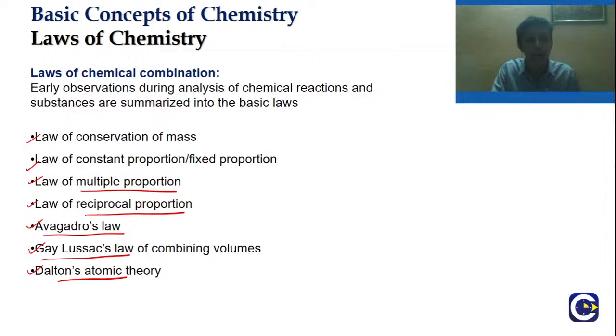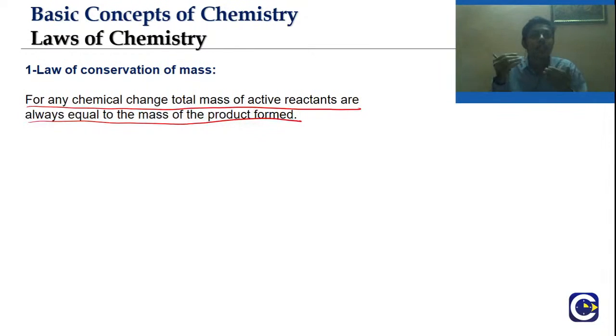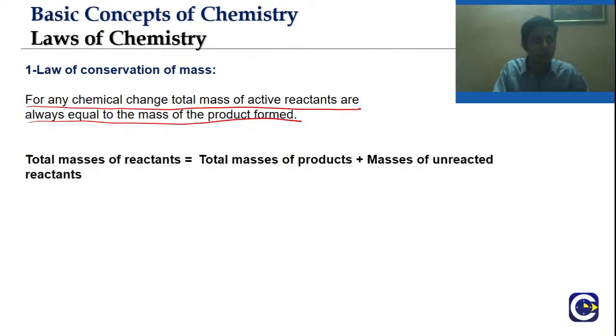Going with the law of conservation of mass: for any chemical change, the total mass of active reactants is always equal to the mass of product formed, as fundamental as it is.